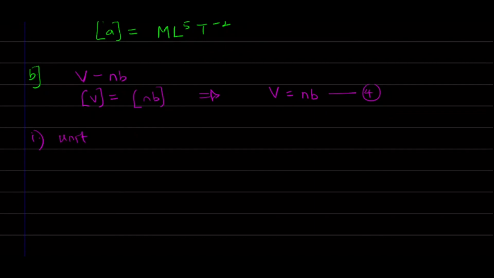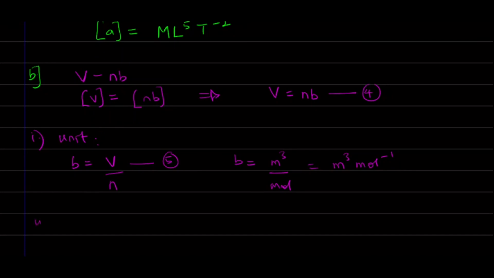Before that, to solve for the units, we need to make B the subject of the formula by saying B is equals to V over n. We can say that's equation 5. So for the units, B is going to be equals to volume, which is meter cube, while number of mole is mole. So we can just say that meter cube per mole. That is the unit of B, rather.